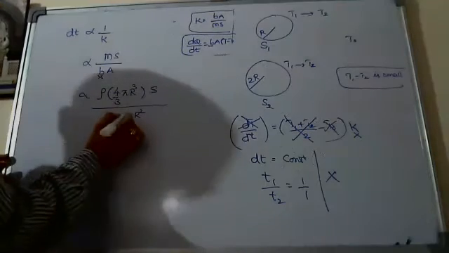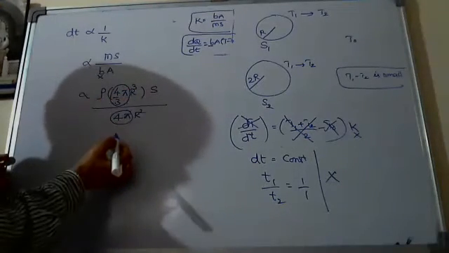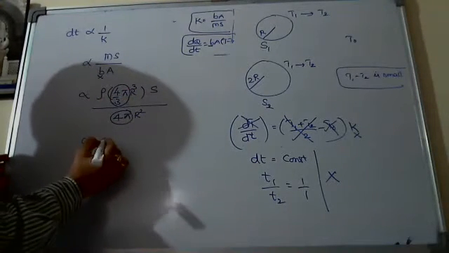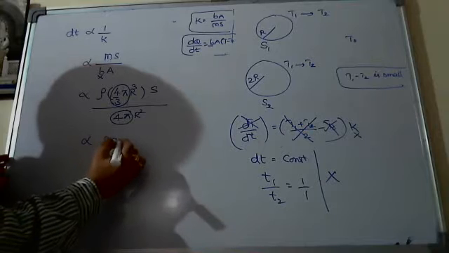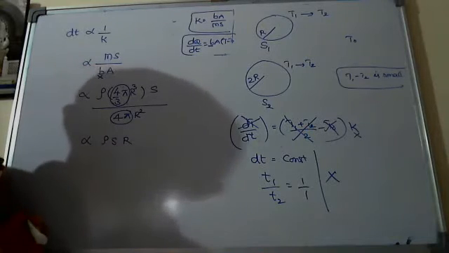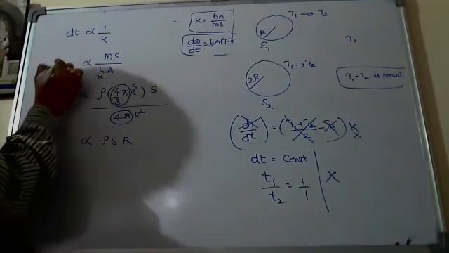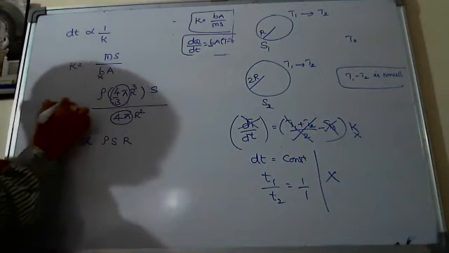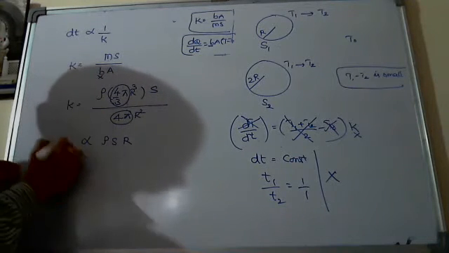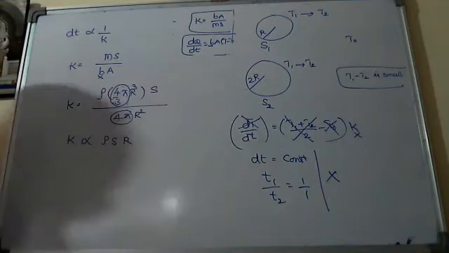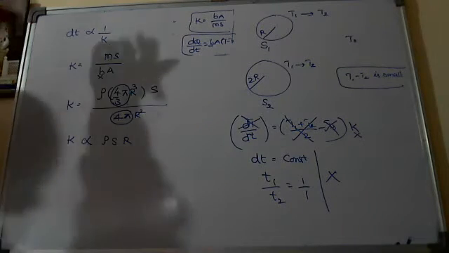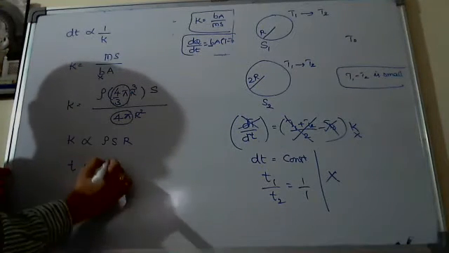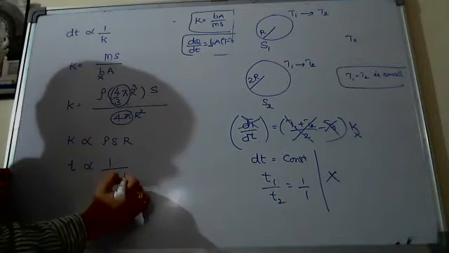So here, of course, 4 pi and 4 by 3 pi are constants. So K is directly proportional to rho S R. Therefore, the time is inversely proportional to rho S R.